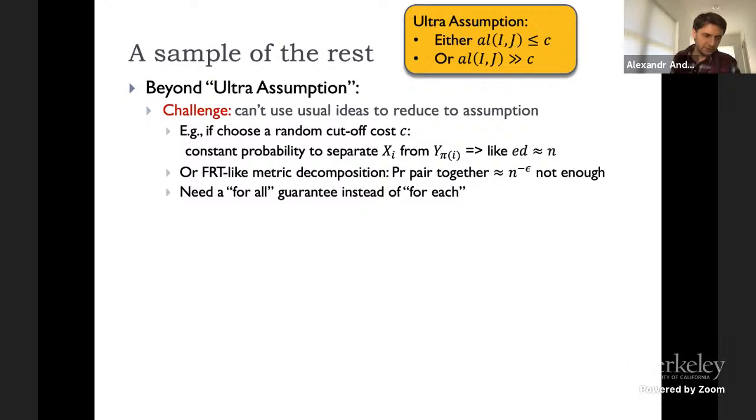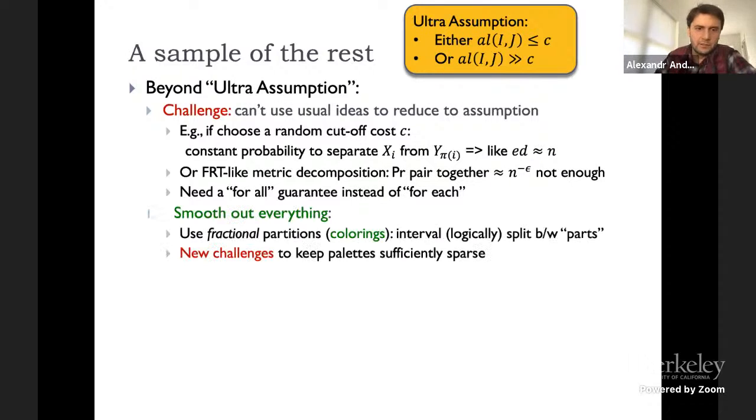But unfortunately it doesn't quite work, because there is a constant probability that these partitions will separate the matching pairs, which means that the error after these randomized partitions will be proportional to n, and we lose everything.